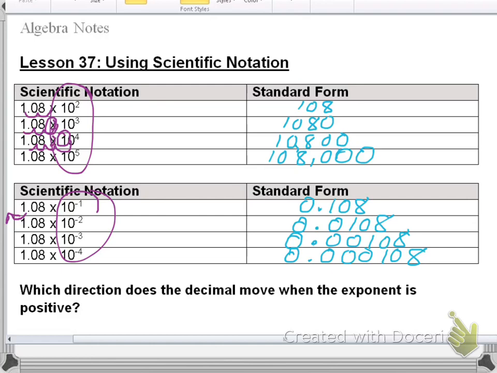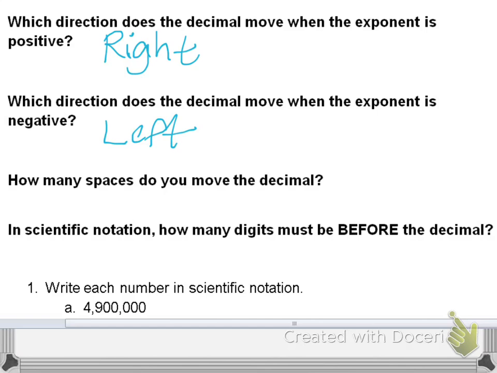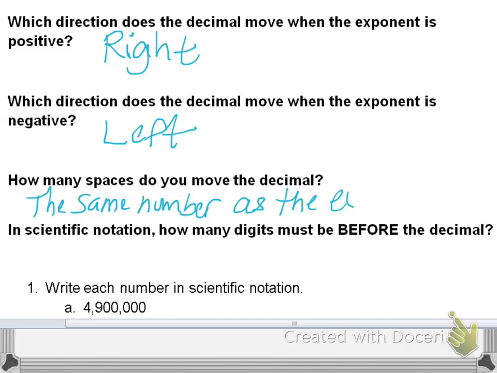So you can see that there's a connection to the exponent's number and how many spaces the decimal moves. So the answer to that would be the same number as the exponent, the exponent of the 10, of course.